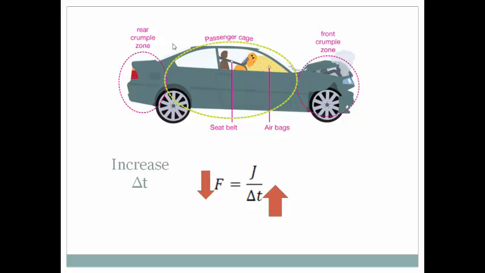So the design of the car, having the front crumple zone, the rear crumple zone, even the seat belts and the airbags, increases the time of collision. Having all these features is what makes the car much safer.